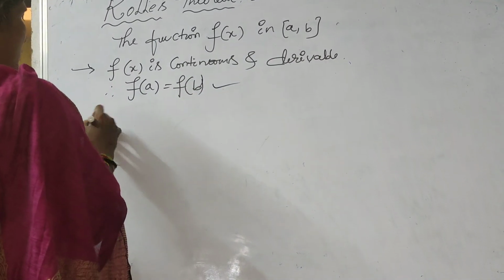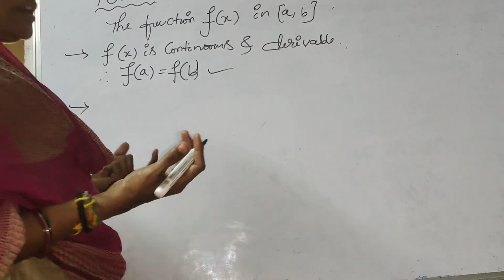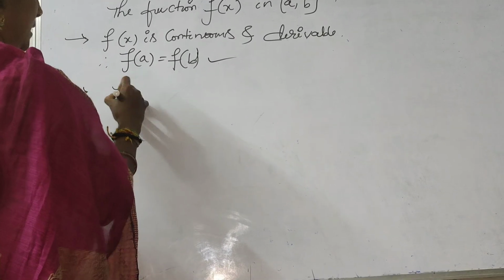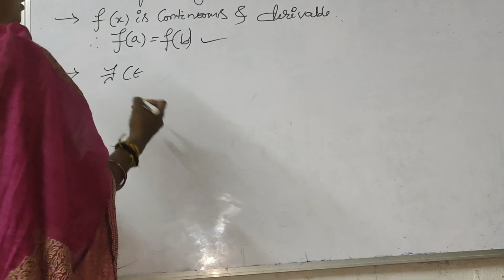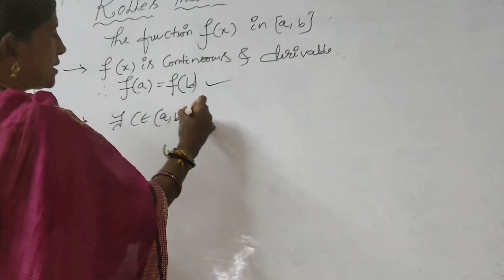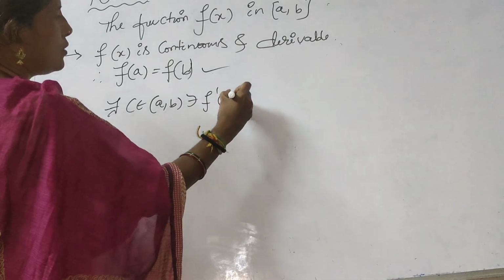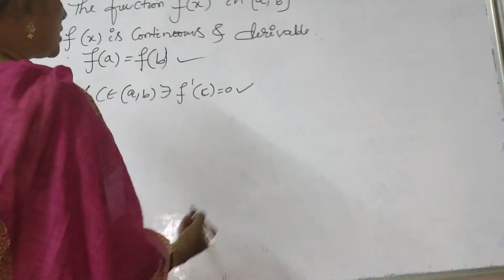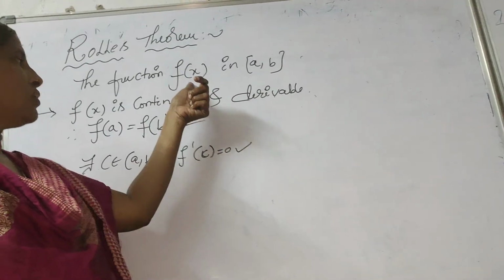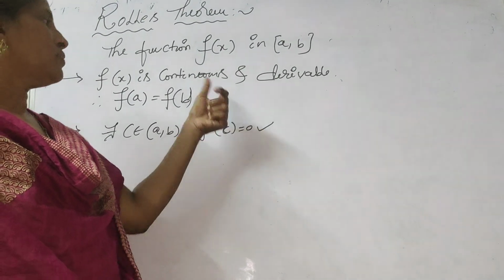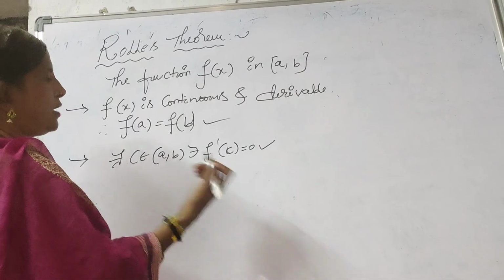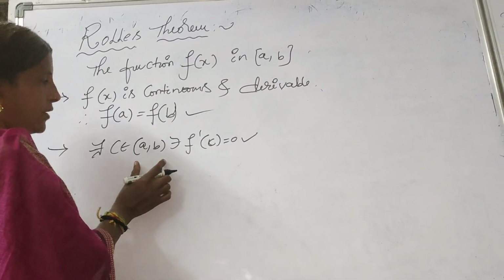Next, in that interval there exists a point c belonging to a comma b such that f dash of c equals 0. That is, take the derivative f dash of c of the given function, equate it to 0, and find the value of c in between the interval a comma b.